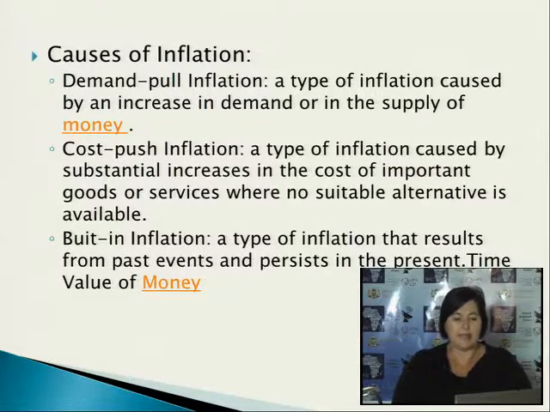The second type is the cost push inflation. This is a type of inflation caused by the substantial increase of important goods or services when no suitable alternative is available. Last night in the midterm budget speech, they spoke of our country that has to import so many products, but we are not exporting enough.